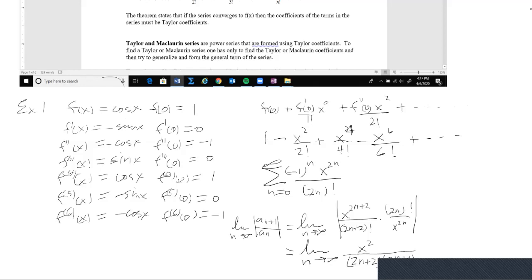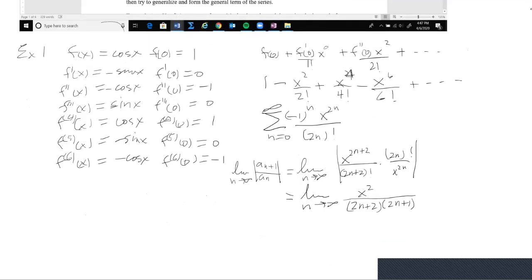Okay, now that limit, as you can see, is 0. So that means this one will have infinite radius of convergence, and therefore our interval of convergence, I of c, will be negative infinity to infinity.